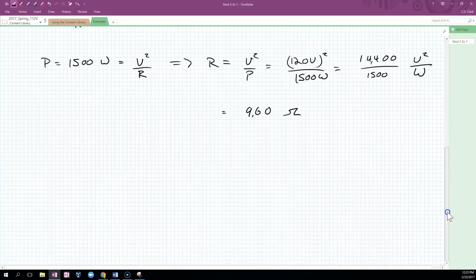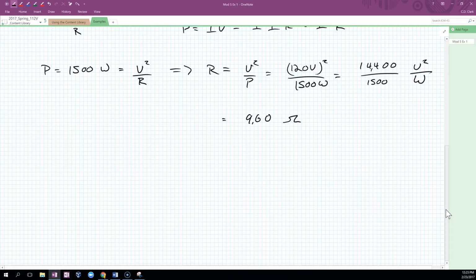So the ohm is the standard base SI unit for resistance. Volts is the SI unit for potential difference or voltage, and then watt is the SI unit for power. So as long as I stick with the base SI units, then volts squared over watts is going to give me ohms. So the resistance of the space heater is 9.6 ohms.